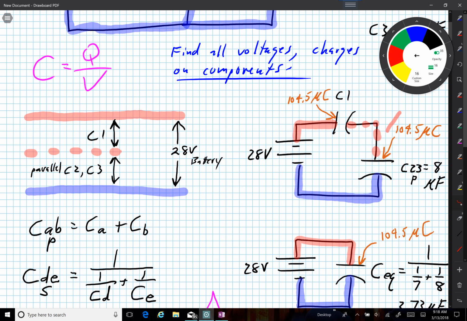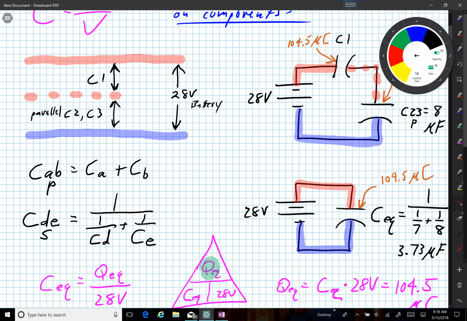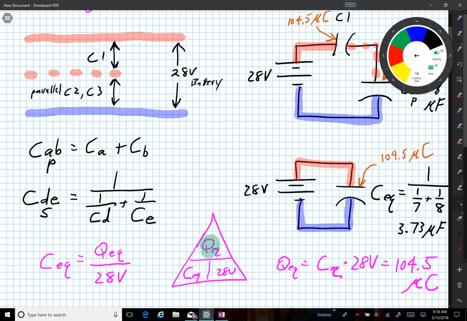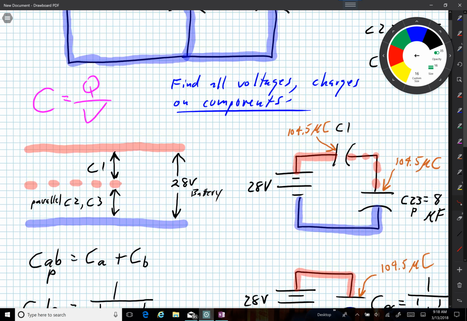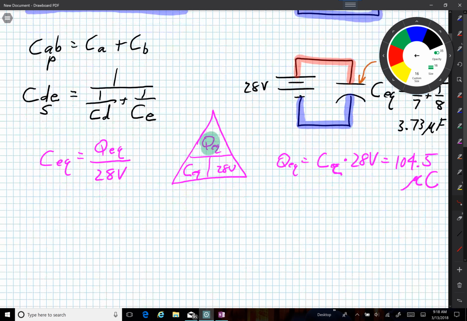Same charge on the plates. Now, I know the charge on capacitor C1, and I know C1, so I can calculate something new. I can calculate using my governing equation, C equals Q over V. That's my general equation. Let's write the equation that I would need to solve for the specific situation of capacitor 1.